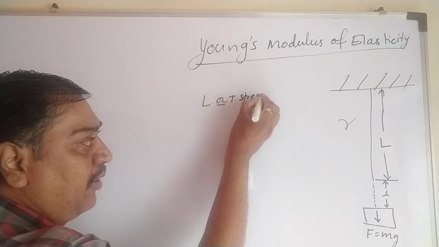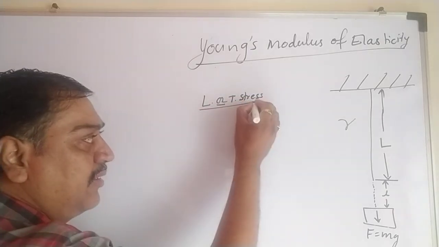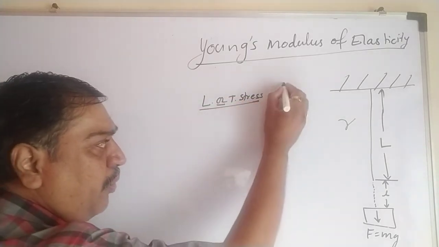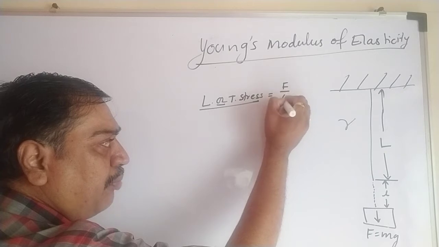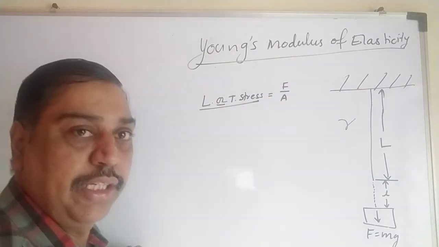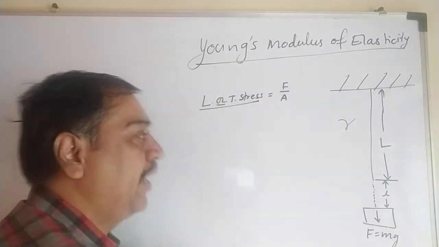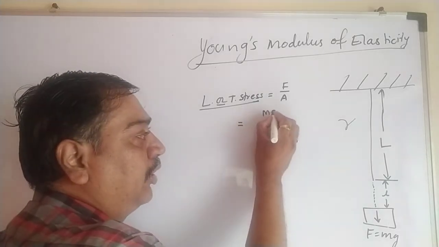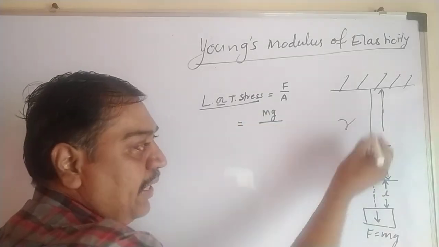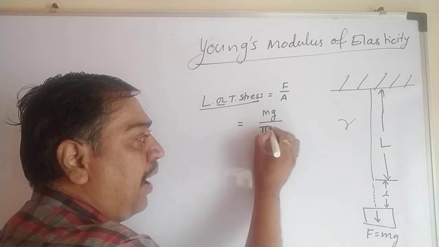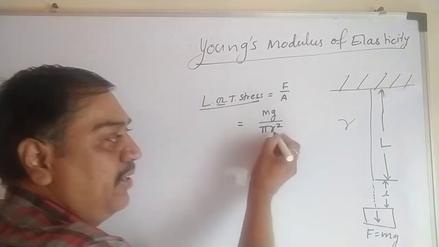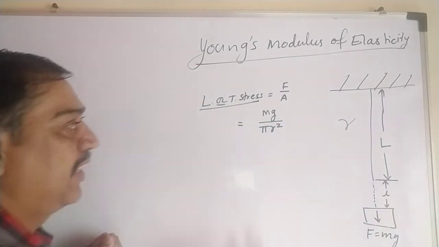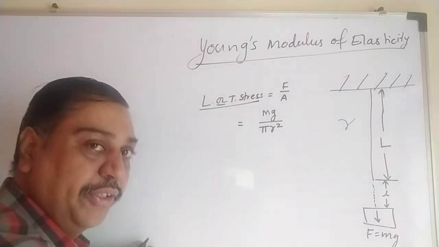That is force per unit area, the restoring or applied force per unit area. The force we have applied is mg, divided by the area of the wire, which is pi r square. This is said to be tensile stress or longitudinal stress.